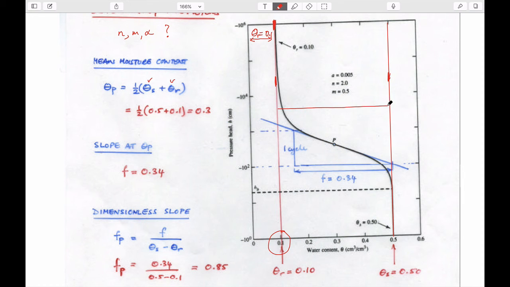In this case, this length and this length are equivalent to each other, and that defines this point here, which we're going to call theta p. So in other words, take the average of these. In this particular case, this is 0.1, this is 0.5. By definition, this is halfway between.